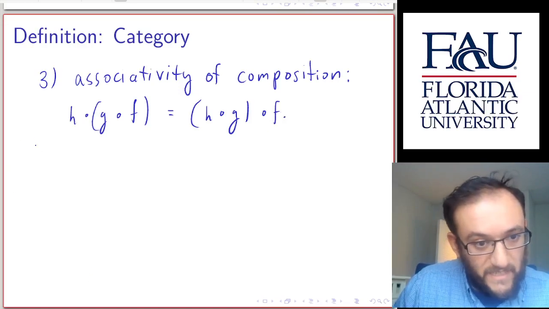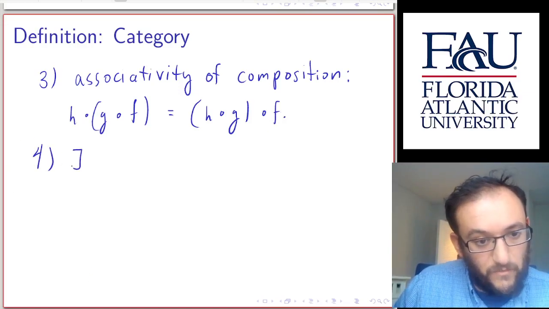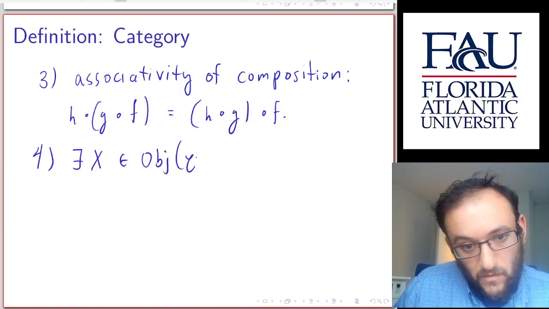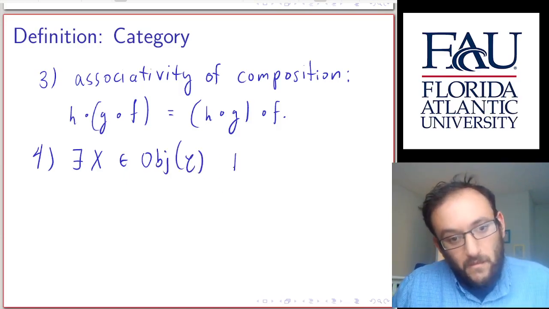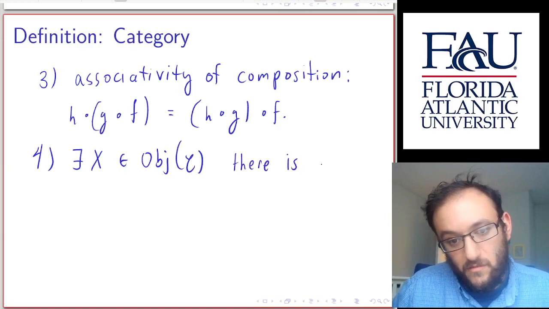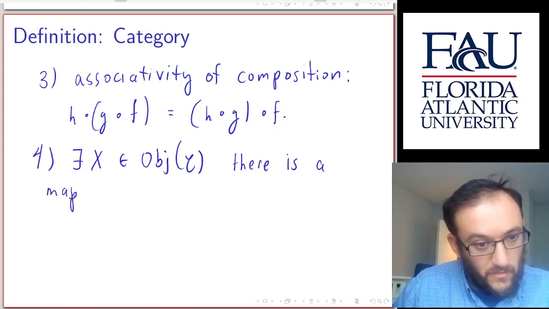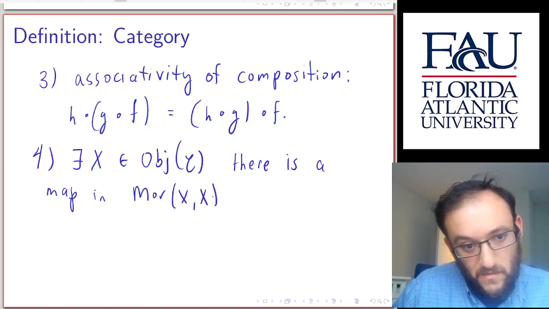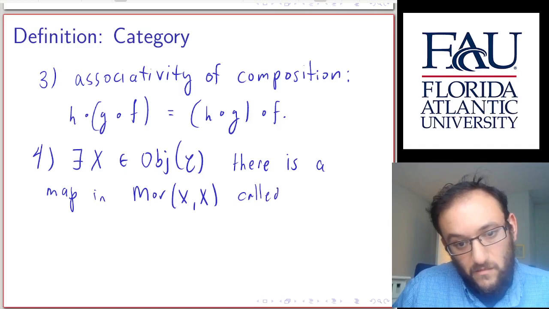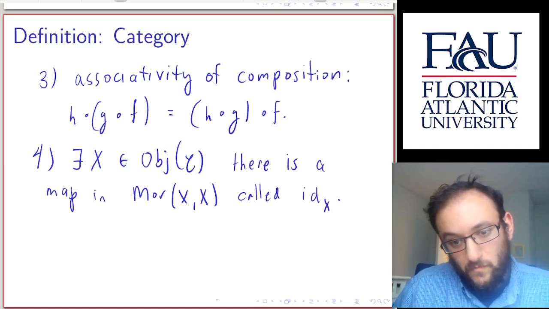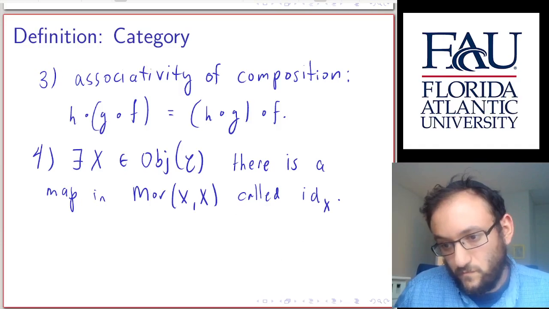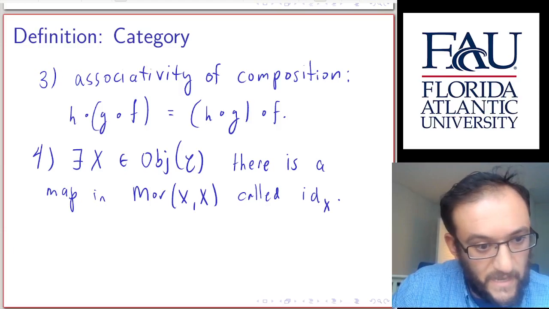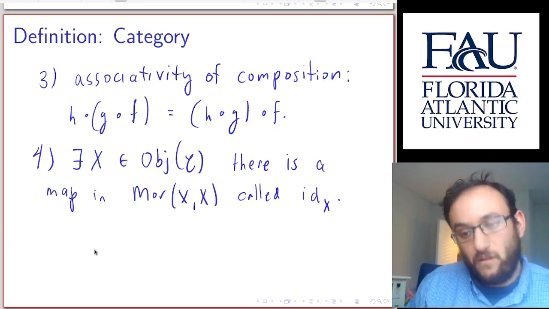And you also need to have identity. So for every object X in the category, there's a map in the morphisms of X to X called the identity. And this identity map has to play nicely with other morphisms.